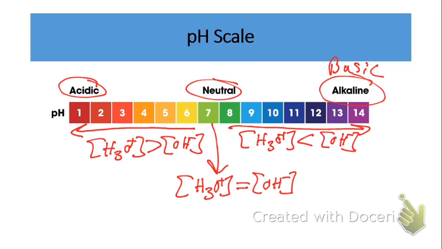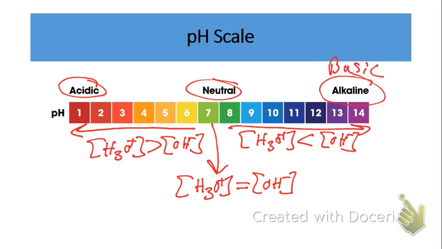All right, so the lower the number, the greater the hydronium ion concentration is, and the more acidic the solution is. And the higher the number, going up to 14, the more basic the solution is, and the greater the hydroxide ion concentration, and the lower the hydronium ion concentration would be.